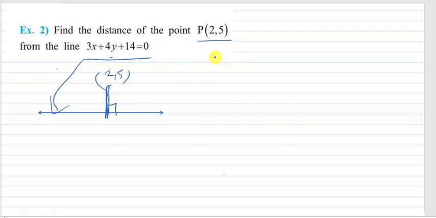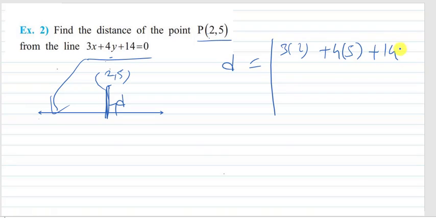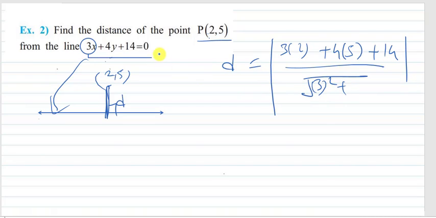Let's suppose this is the distance D. D will be, just put the values, mod of 3 into 2 plus 4 into 5 plus 14 upon root of the square of the coefficient of x plus the square of the coefficient of y. Why are we taking this mod? In the formula also we have the mod, because we are finding a length and length cannot be negative. That's why we are taking mod.